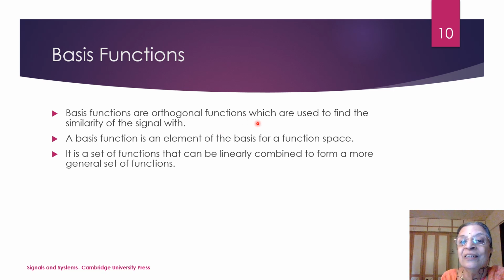And when we write a linear combination of these with some scaling factor, that scaling factor will give you the Fourier series coefficients. So a basis function is an element of the basis for a function space. It is a set of functions that can be linearly combined to form a more general set of functions. So all sines, cosines and exponential functions can be utilized as basis functions because they are orthogonal, which we have proved.